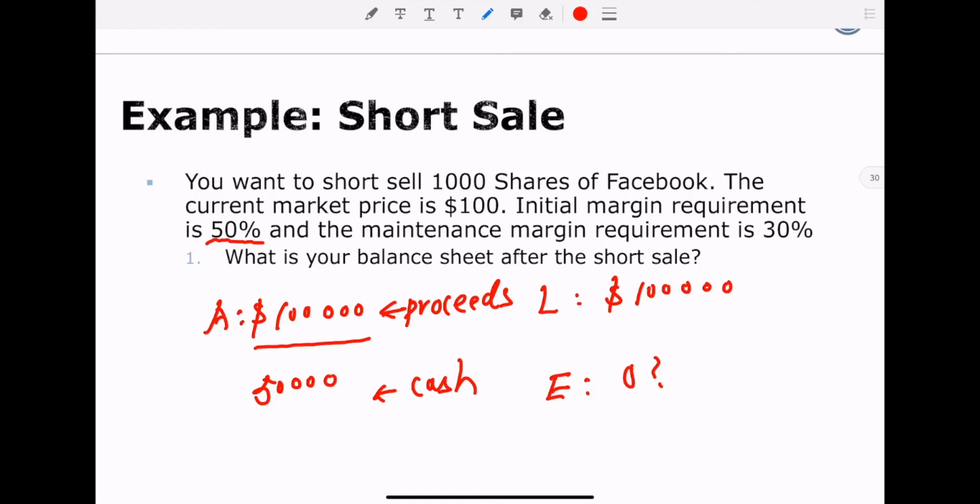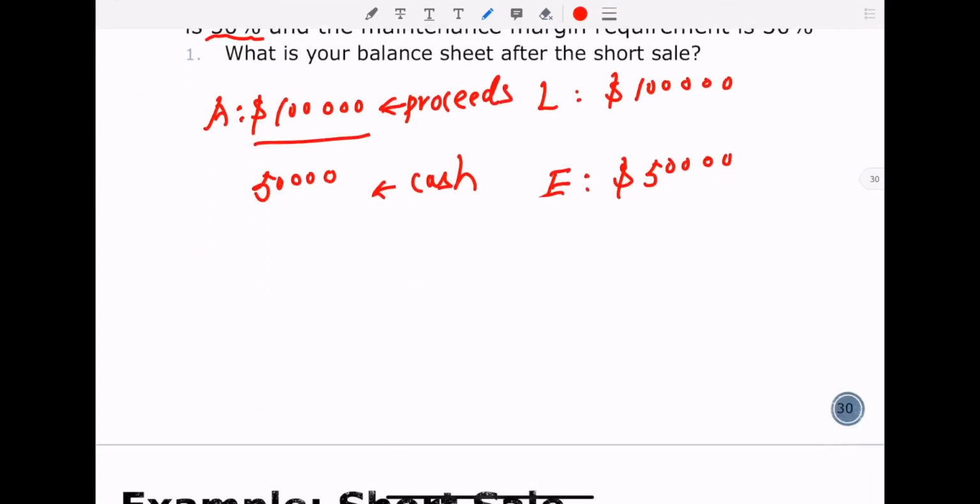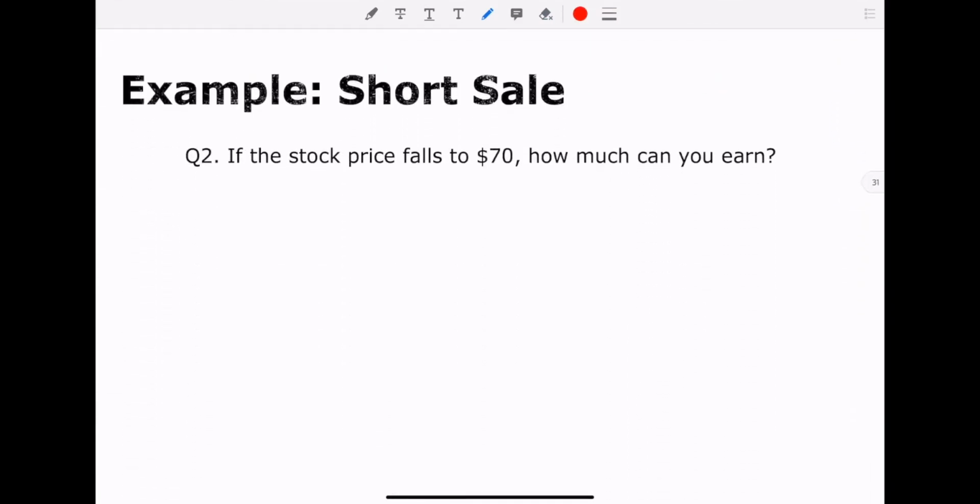So in this case, your asset is actually $150,000. So now you can see that your equity is actually $50,000.